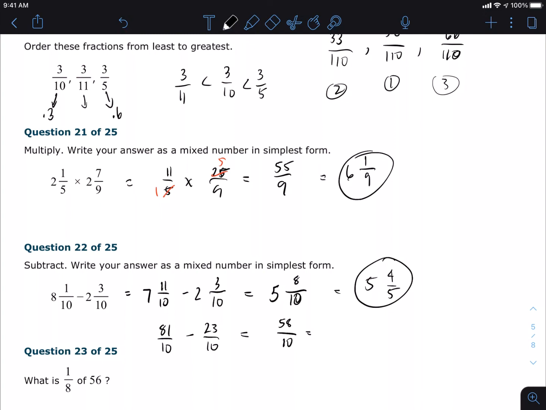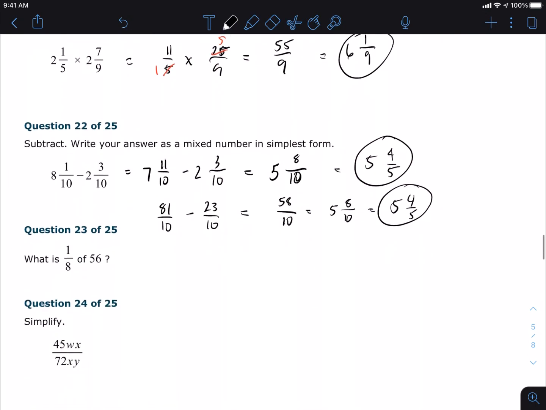And then that can be reduced to be 5 and 8/10, which is 5 and 4/5. So there's two ways to do it. Okay? All right.